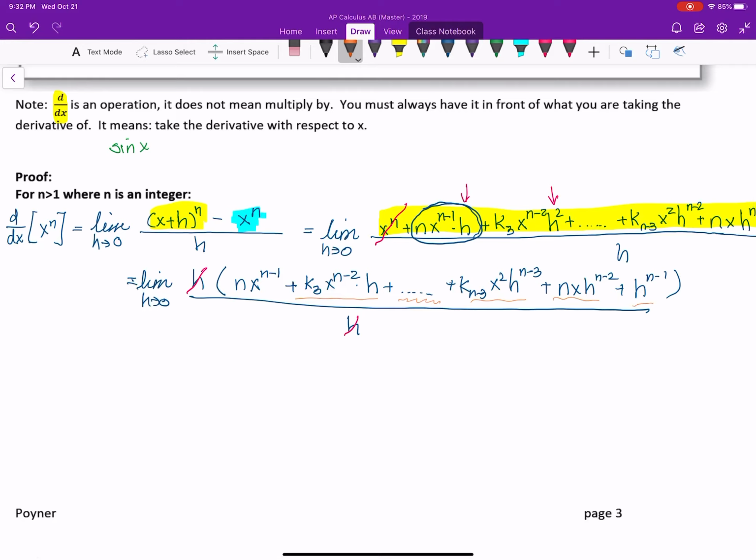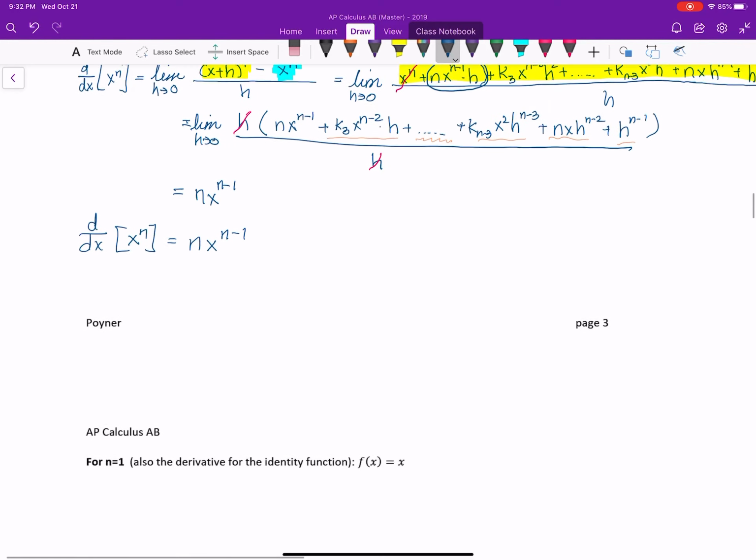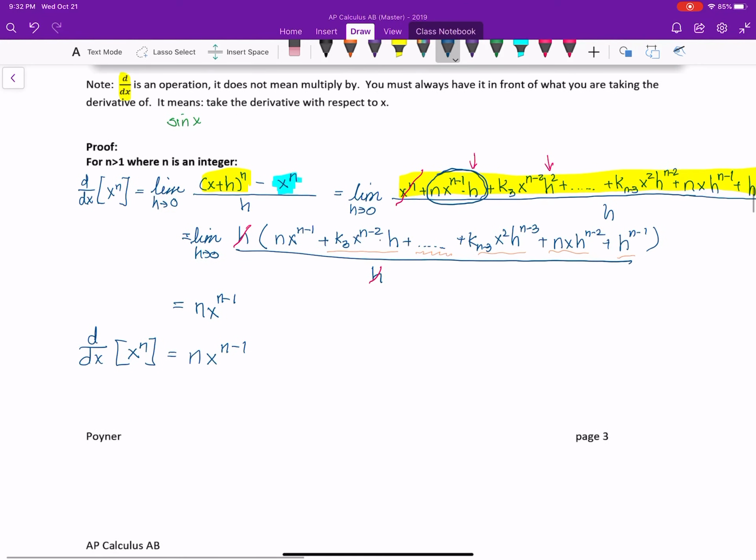So what we end up with in the end, now that I'm applying the limit, is n times x to the n minus 1. And that's what we wanted to prove. We wanted to prove that d dx, the derivative with respect to x of x to the n, is equal to n times x to the n minus 1. Now that's for all n's greater than 1 because you have expansion. So therefore that applies for that.